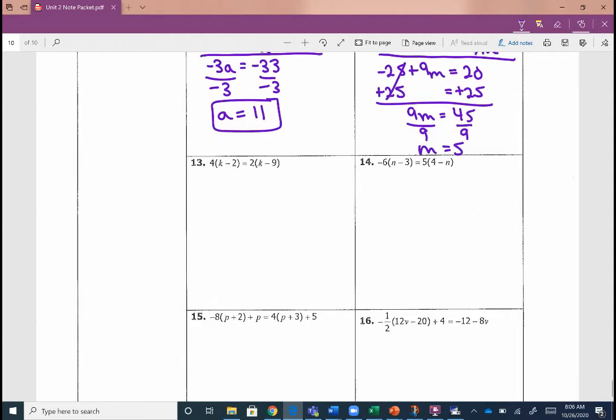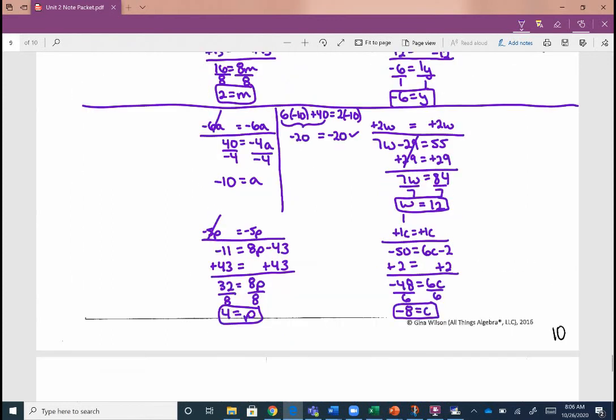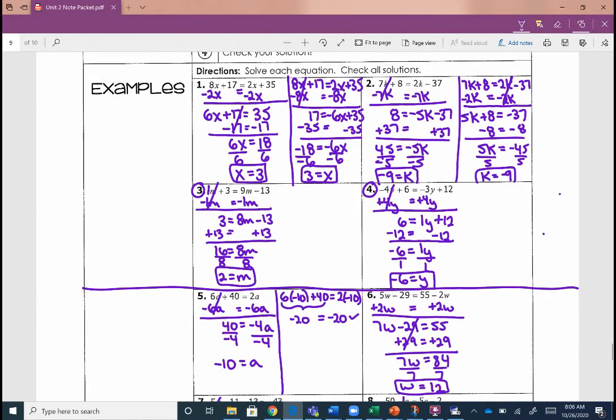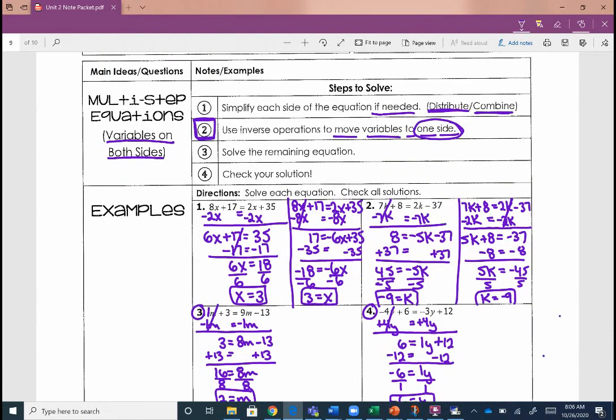I'm going to take a little flip back on mine to page 10, which for some reason I'm thinking is supposed to be page 11 in life. Okay, so we take a look back at our steps. Step 1, simplify each side of the equation if needed. We looked last week at combining like terms before we had to solve.